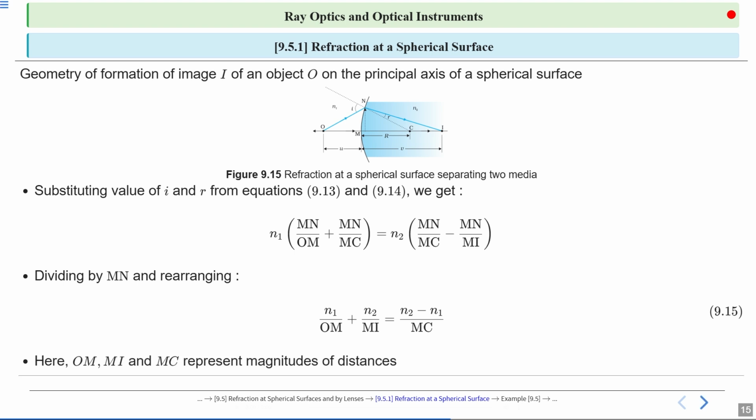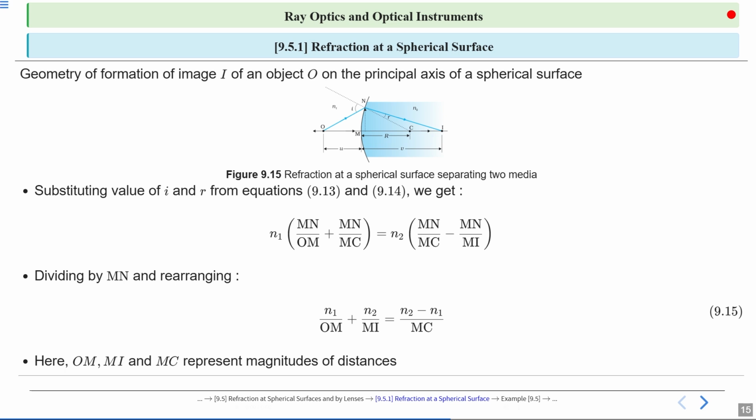Here Om, Mi and MC represent magnitude of distances. So what is OM here? You can see object distance. What is MI here? Image distance. What is MC here? Radius of curvature. So what is the expression for refraction at spherical surface?